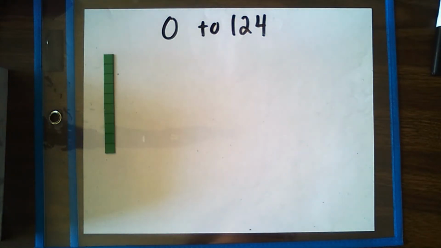Now we could jump by our tens. We can skip count by tens. But it's really important that for this part of the teacher model, we are practicing bundling so we know about the relationship of our place values, okay?